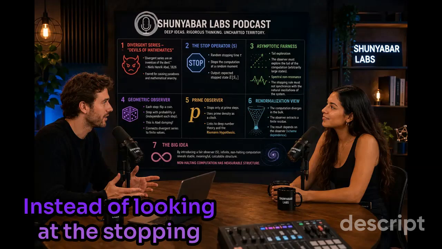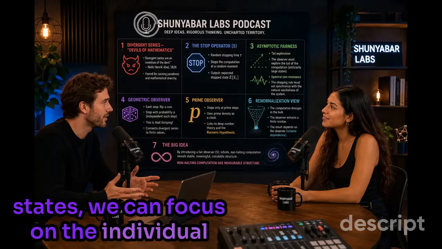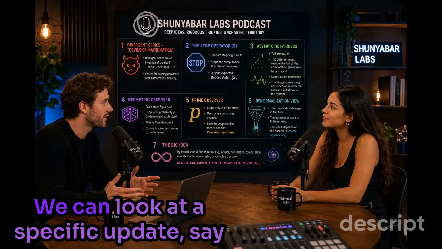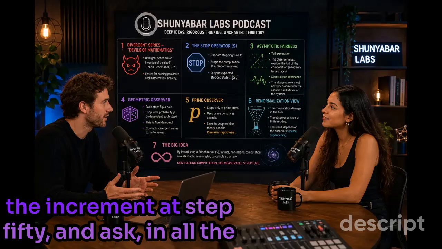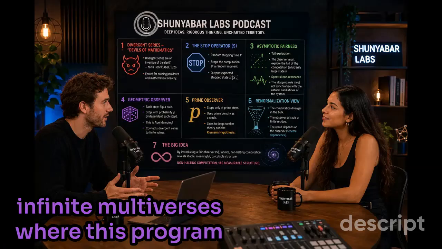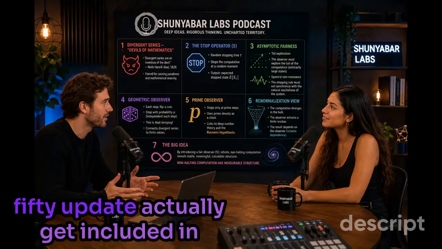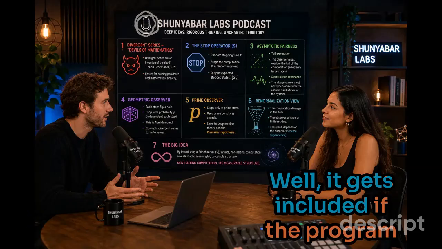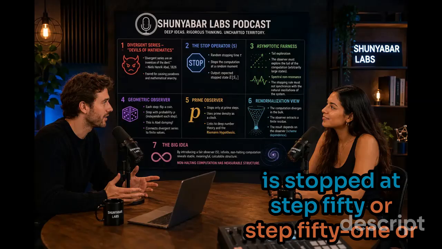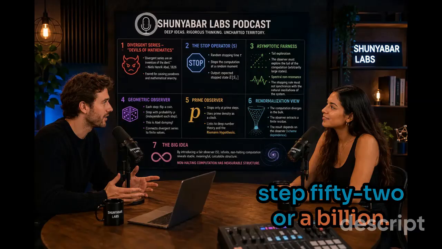Okay. Instead of looking at the stopping states, we can focus on the individual incremental updates. We can look at a specific update, say the increment at step 50, and ask, in all the infinite multiverses where this program is stopped, how often does the step 50 update actually get included in the final answer? Well, it gets included if the program is stopped at step 50, or step 51, or step 52, or a billion. Precisely.